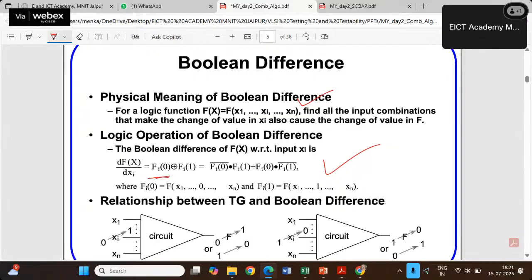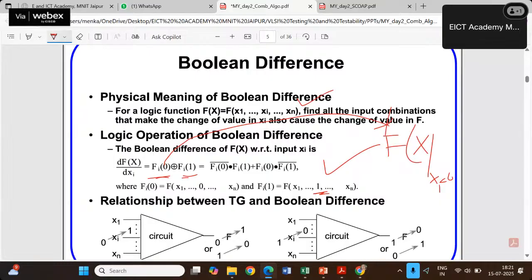It means we are determining f using x at xi equal to 0. That is the meaning of this fi0. Likewise, we will determine fi1 by replacing the ith variable with 1, and then we will take the XOR of both of these, and that is going to give us the Boolean difference.